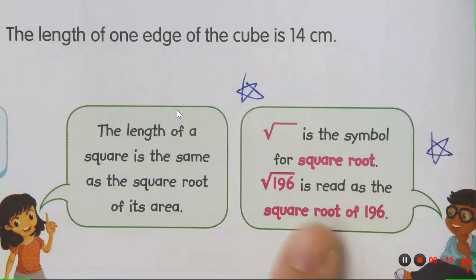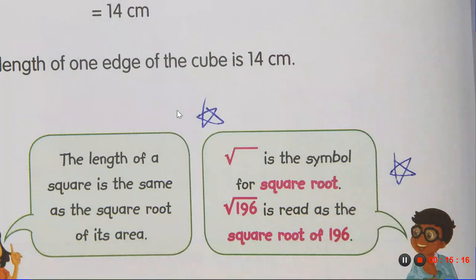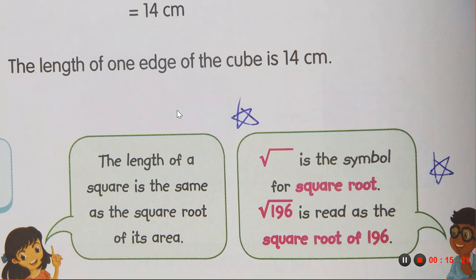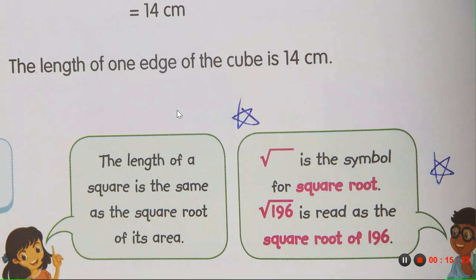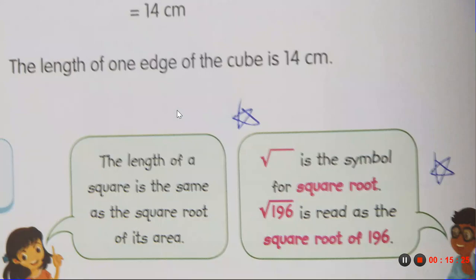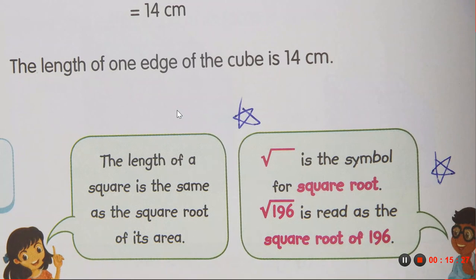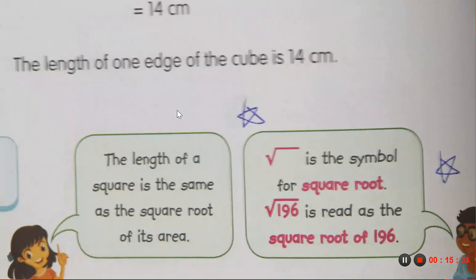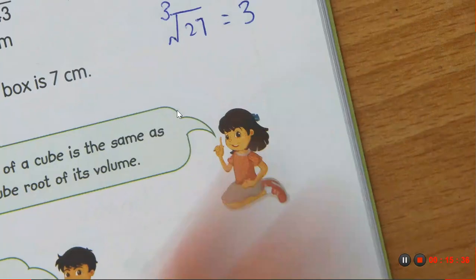These are the two most important new things at primary 6 for the chapter of volume. Otherwise, most of volume we are learning in primary 5 already. Okay? So these two are the two most important new things at primary 6 volume chapter. The first one, the cube root.